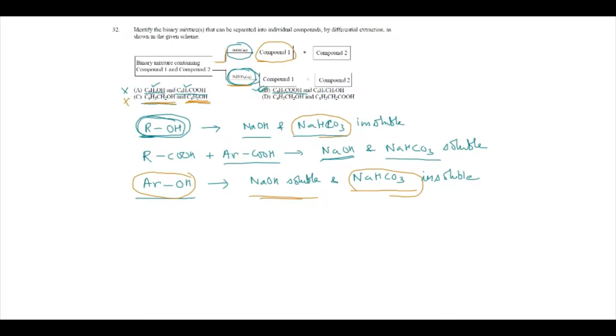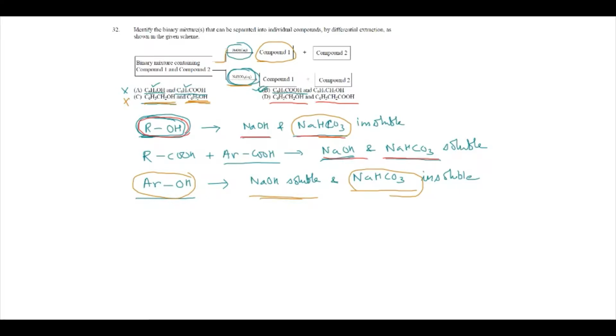Now let us check option D. Here we can see again benzyl alcohol, that means an aliphatic OH group. So we have to check it is insoluble in sodium hydroxide as well as sodium bicarbonate, and then we have a carboxylic acid group. Any carboxylic acid group, be it aliphatic or aromatic, will be soluble in sodium hydroxide as well as sodium bicarbonate.